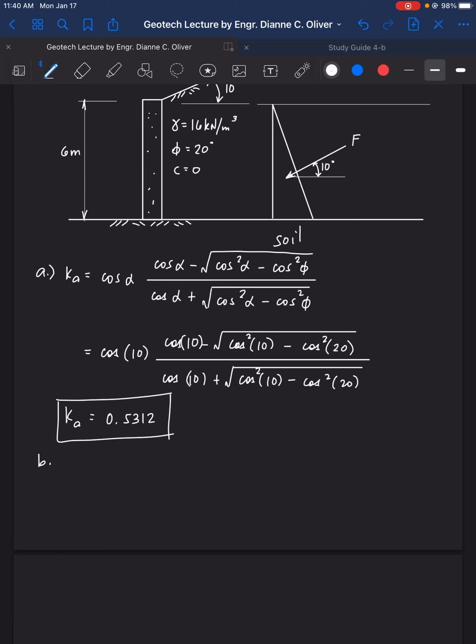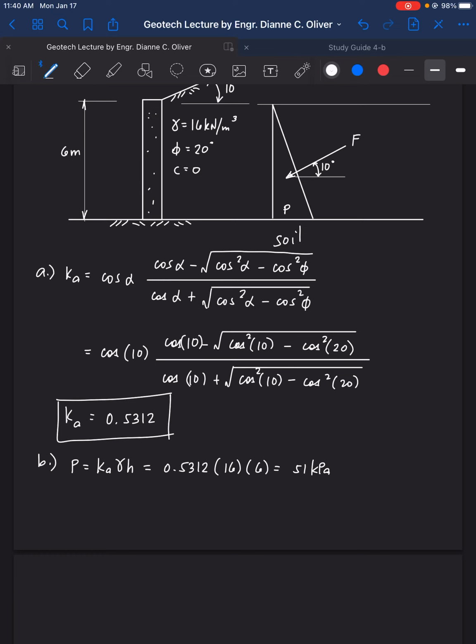For letter B. Now for soil, to get the value of pressure, we have K active times the unit weight of the soil times the height. K active is 0.5312. The unit weight is 16 and the height is 6. That is equal to 51 kilopascal.